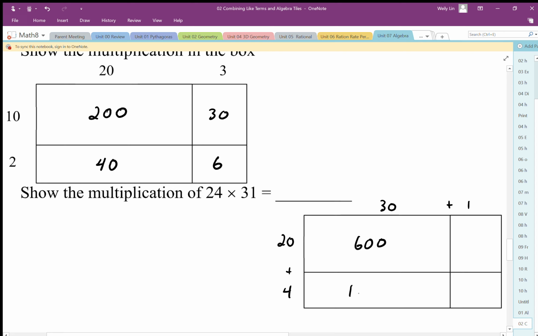I get 120 here, 20 here, and 4 ones here. Adding up these areas, 600, 720, 740, 744. So 24 times 31 is 744, and I can see how the pieces are generated when I have these plus pieces mixing with the multiplication.